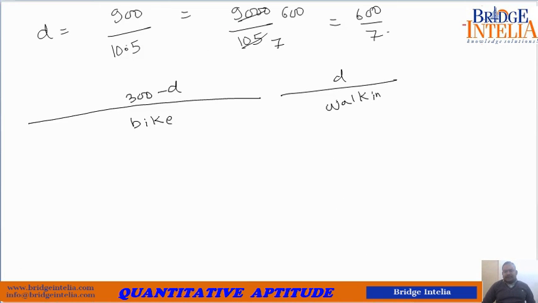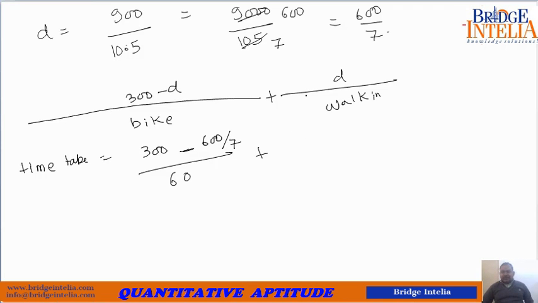We know that d is equal to 600 by 7. So time taken: 300 minus 600 by 7 divided by the speed of bike, 60, plus, because we are talking about total time taken, he has walked distance d. Distance d is 600 by 7. When he was walking, his speed was 15.